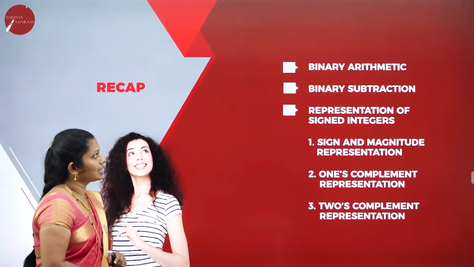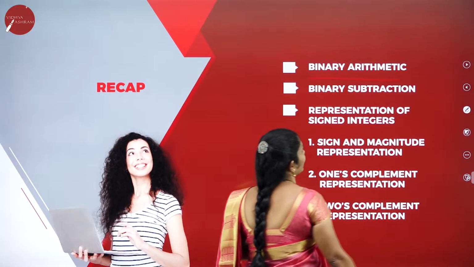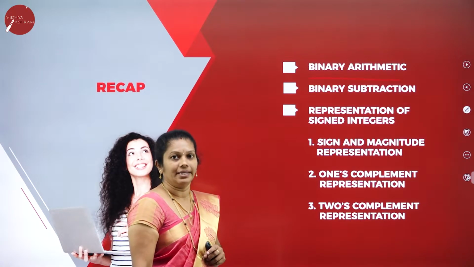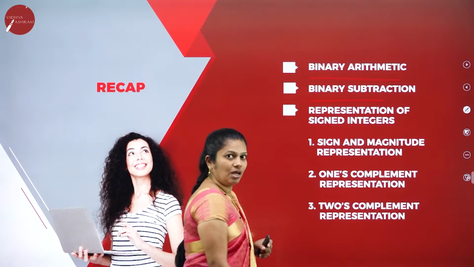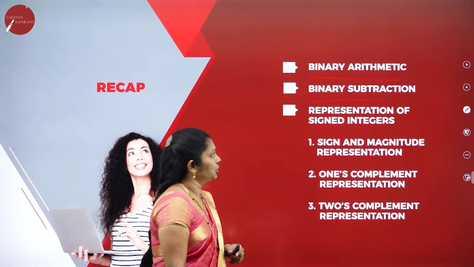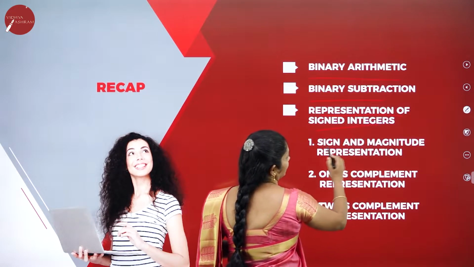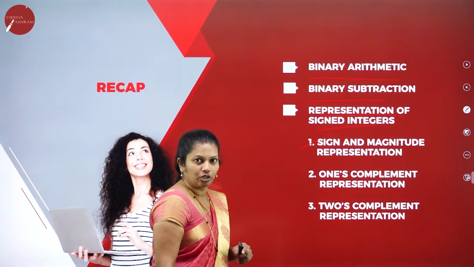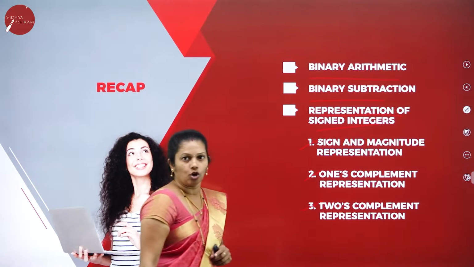In the previous class, you came to know about binary arithmetic, how to perform binary subtraction, and the representation of signed integers, that is sign and magnitude representation, 1's complement as well as 2's complement.